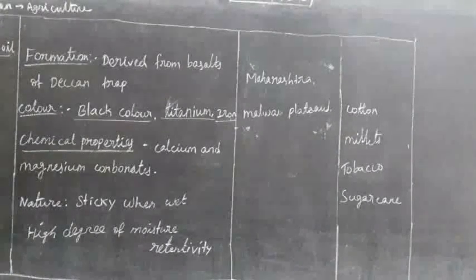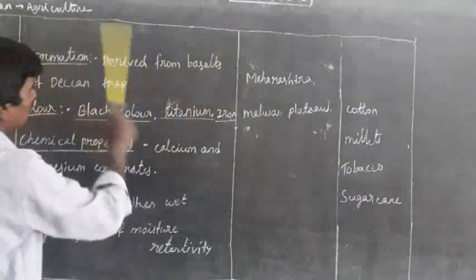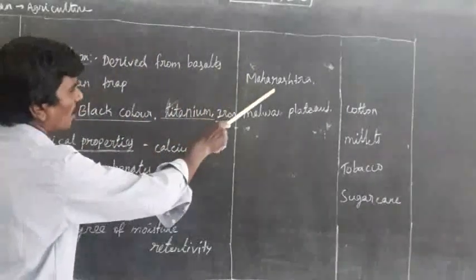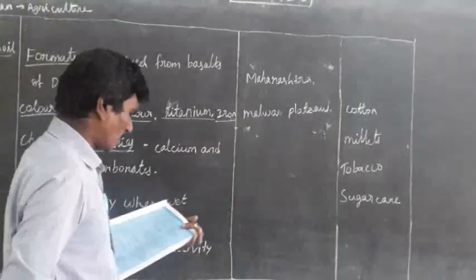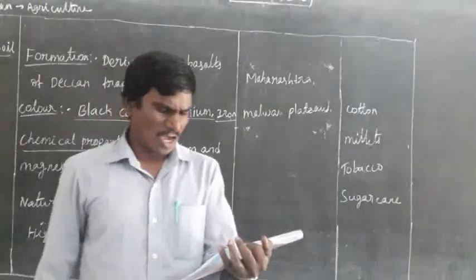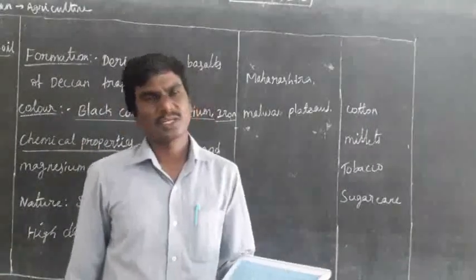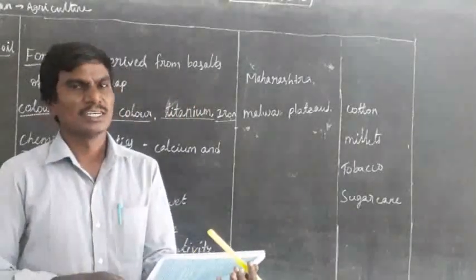In the distribution of the black soil, it is mainly found in Maharashtra, Malwa Plateau, Kathiawar Peninsula, Telangana, Andhra Pradesh, and northern Karnataka.